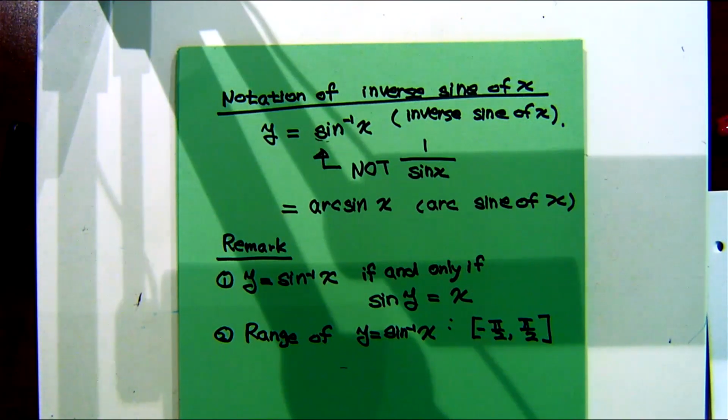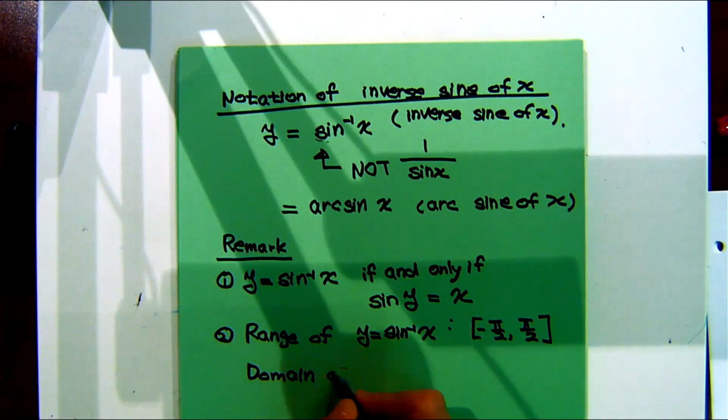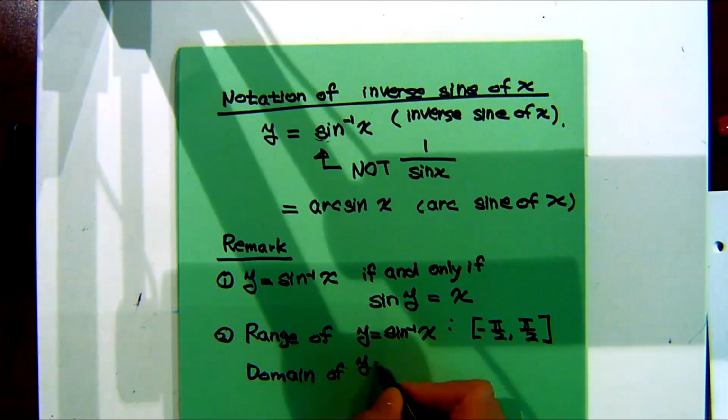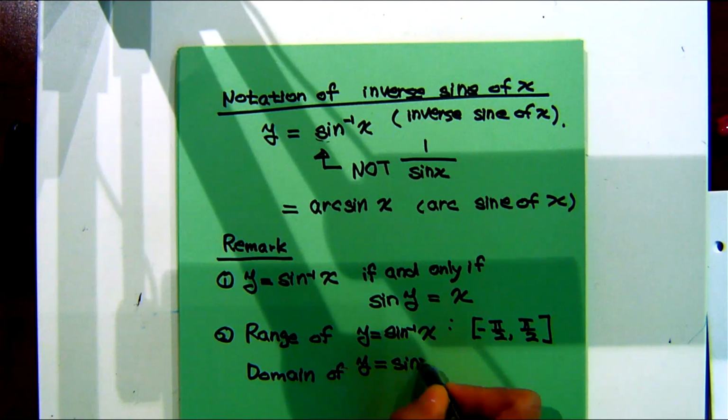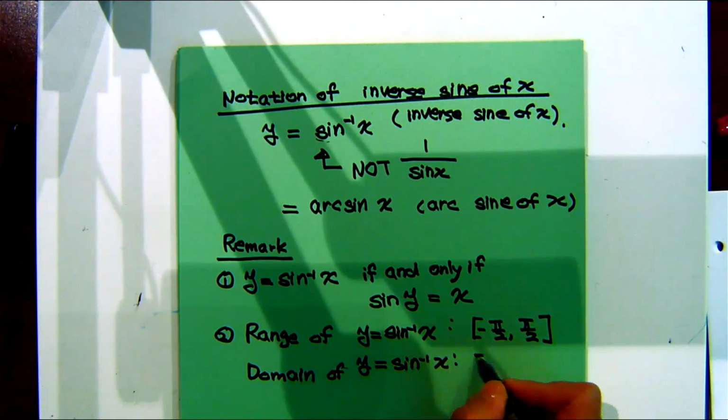Now we switch the input and output, so the domain will become the range of inverse sine. And the domain is the output value of sine, right? So the domain of the inverse function will be from -1 to 1, right?